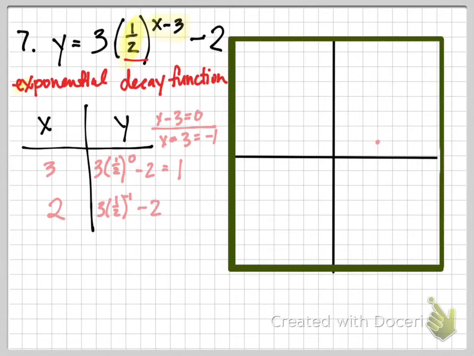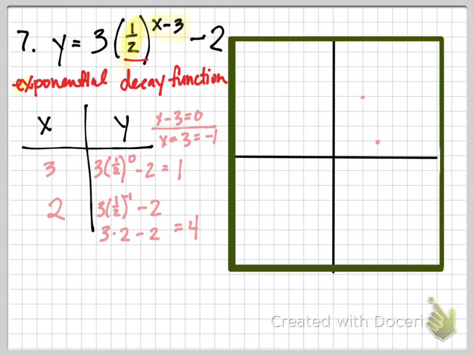Minus 2. Then if I were to solve the 1/2 to the negative 1 power, this would be like saying 3 times 2 minus 2. 6 minus 2 gives me 4. So I would plot the point 2, 4. Like this.